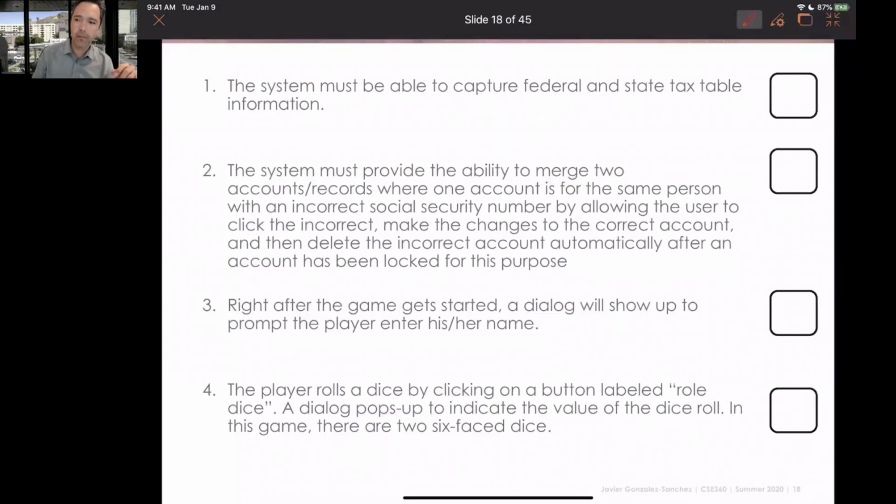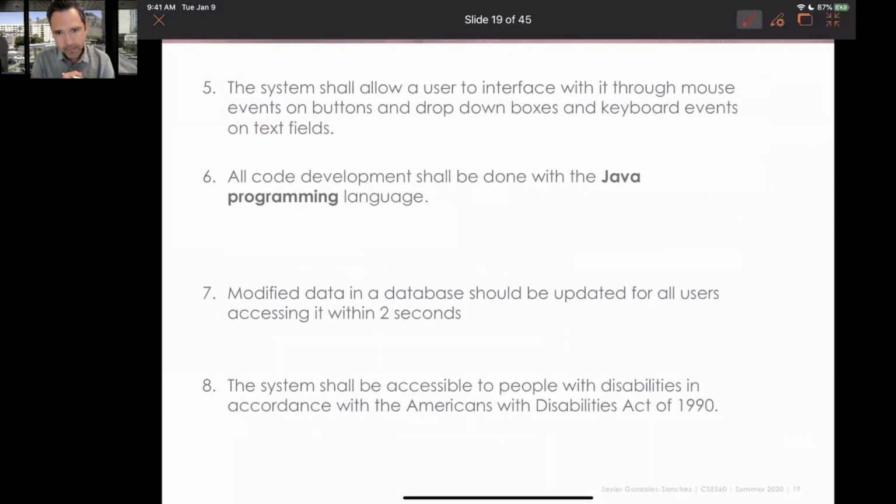So, these ones. Well, if in the previous slide all of them were functional, you can safely guess that all of these are non-functional, right?